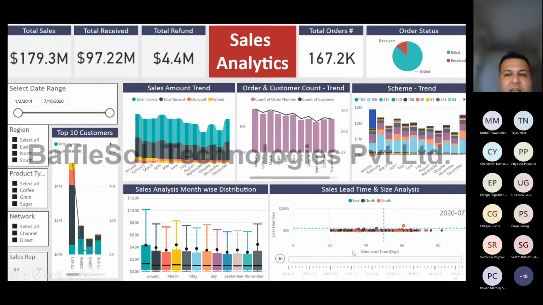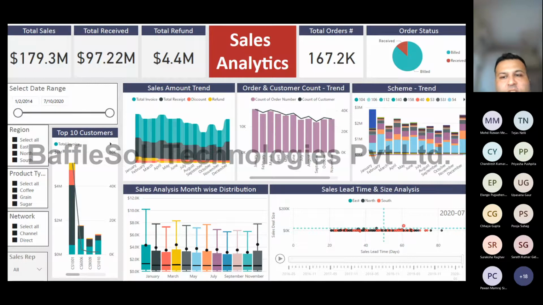Practically, it is showing your sales lead time versus size. The bigger the circle, the bigger the size of the deal, and the time frame you see is the lead time.